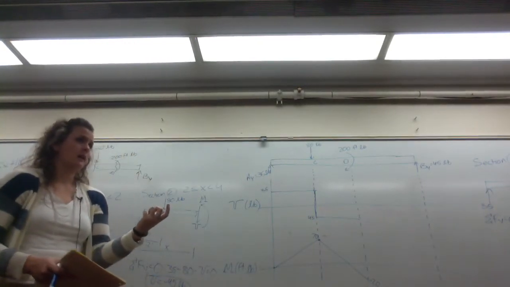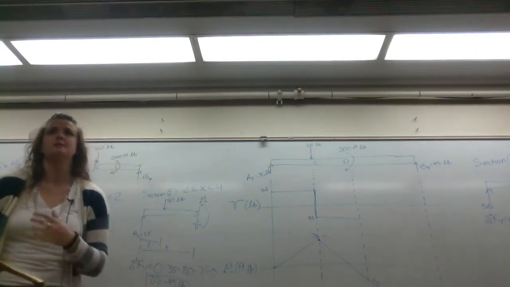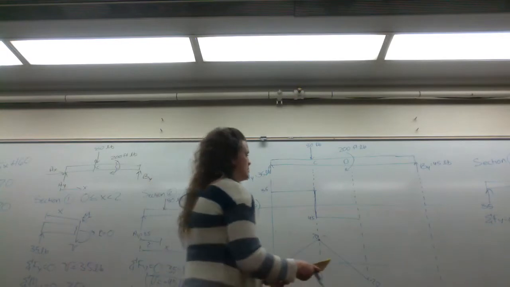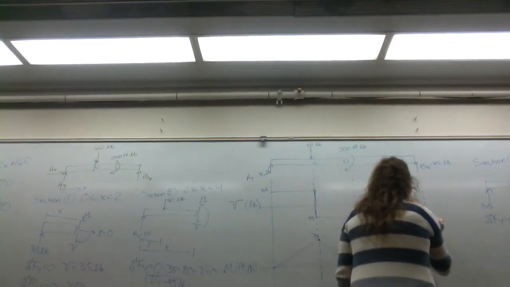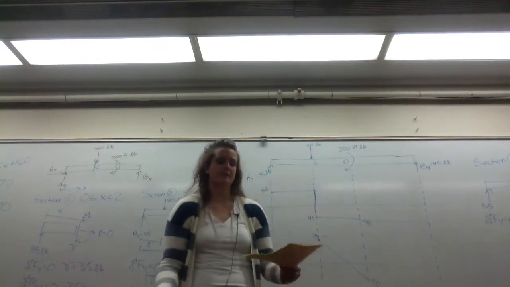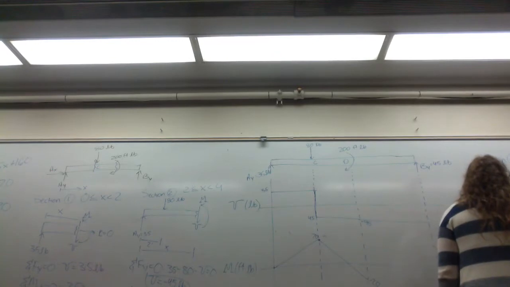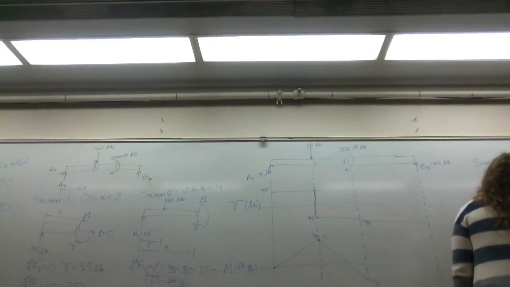But what's going to change? Your moment, right? That's the more interesting part. So our shear force is again negative 45 pounds. But our moment is going to be different for 2 reasons.